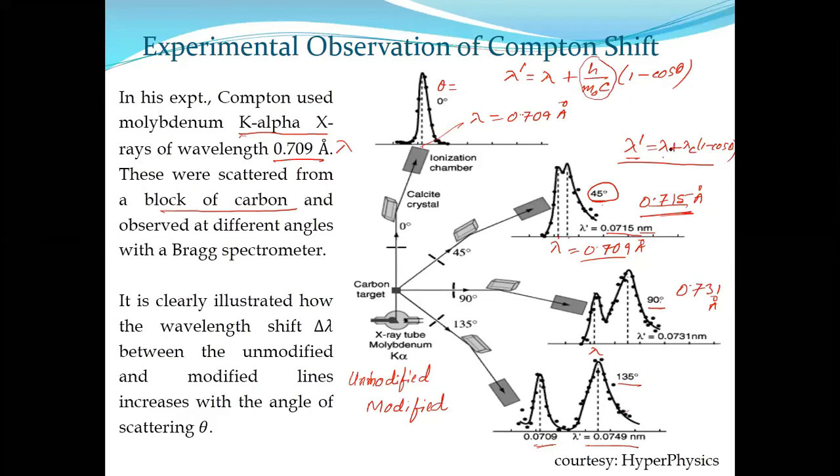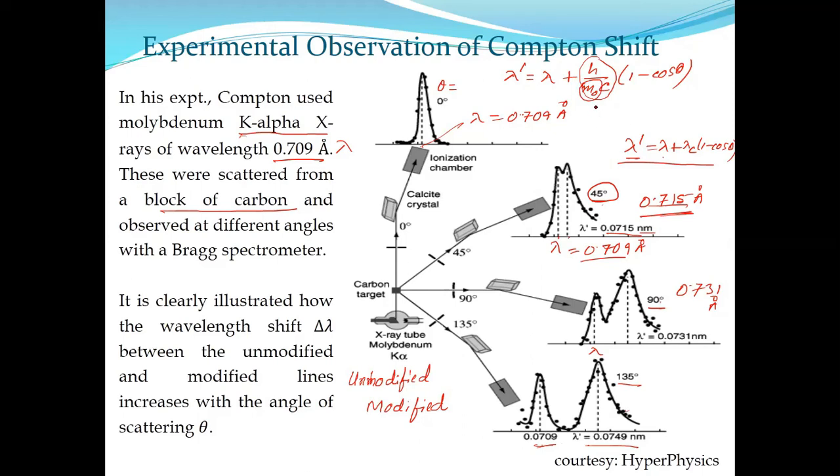But whenever the X-ray photons are interacting with the carbon atoms themselves, because as I have said, you cannot extract a single electron, some atoms are also interacting with those photons. And whenever the atom is interacting, then according to this formula, this m naught is not 9.1 times 10 to the minus 31 kg.